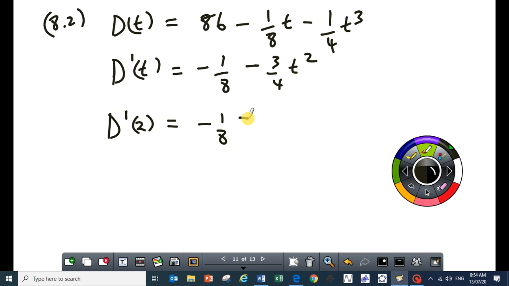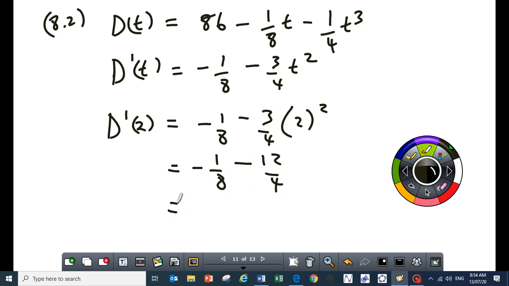It's so easy. You get minus 1/8. That will give me 4, so I'll end up having 12 over 4. And then if you simplify this, you get minus 1/8 minus 3. And that will give you minus 3 and 1/8. This is the rate of decrease, because the water is boiling now.